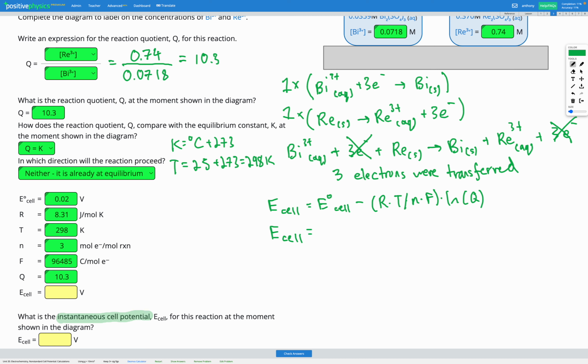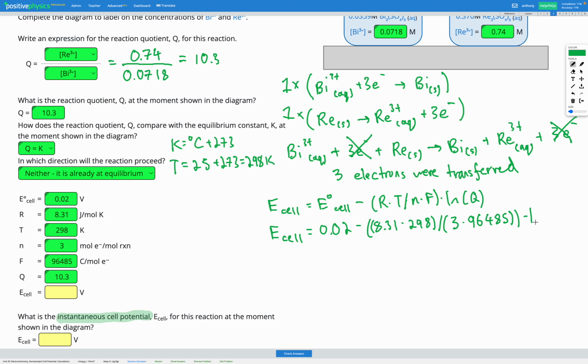So our standard cell potential was 0.02 minus R, that's the molar gas constant 8.31, times the temperature in Kelvin 298, divided by n, the number of moles of electrons transferred per mole of reaction, which was 3, multiplied by F, Faraday's constant, which is 96,485.